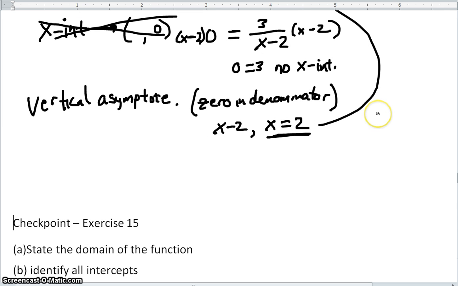So now I've talked about the vertical asymptote. Now let's talk about the horizontal one. If you look at this graph, we have 3 over x minus 2. We have a degree 0 over a degree 1.